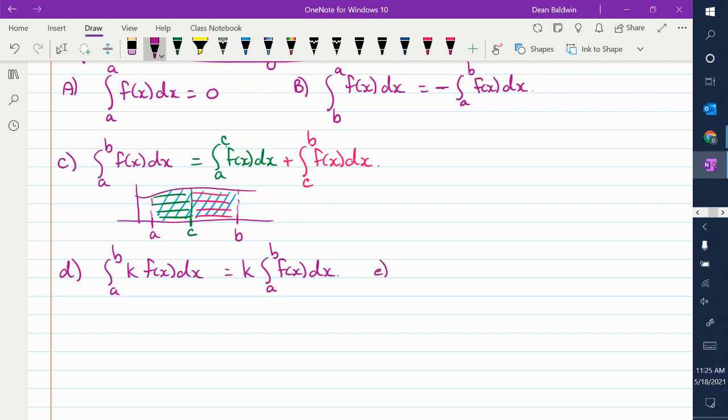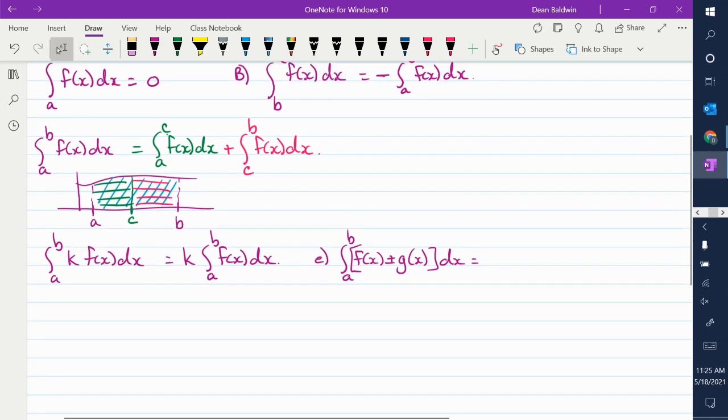And what we did before, if I have functions being added or subtracted together, I can break them up.